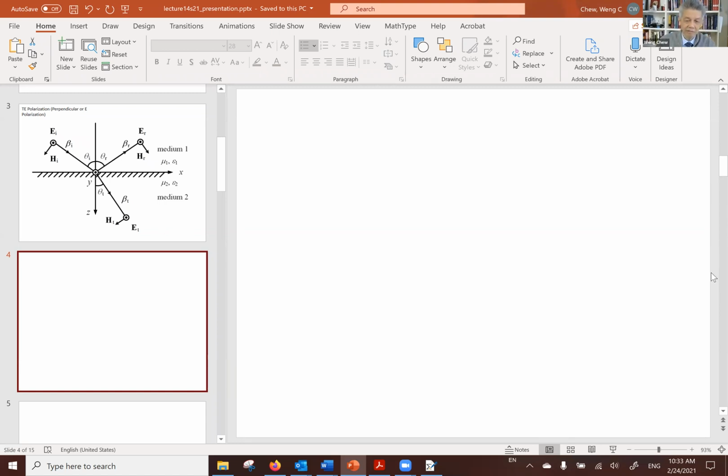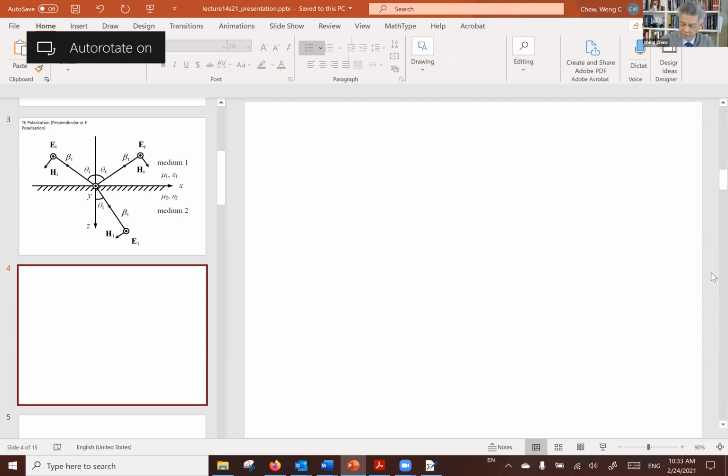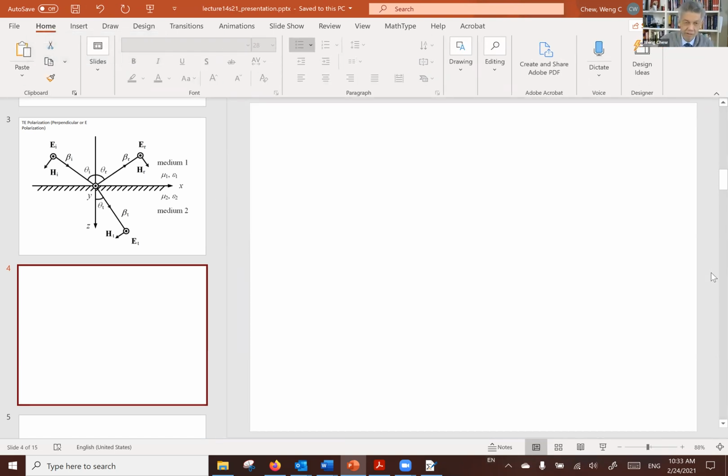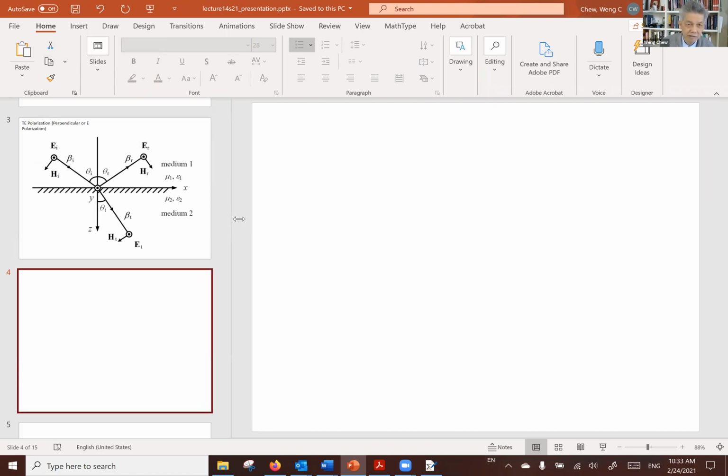We guess the solution in region 1 to consist of plane waves propagating in this manner, and then a reflected plane wave with a k vector, or beta vector, pointing in that direction, and a transmitted wave in region 2 propagating in this direction.